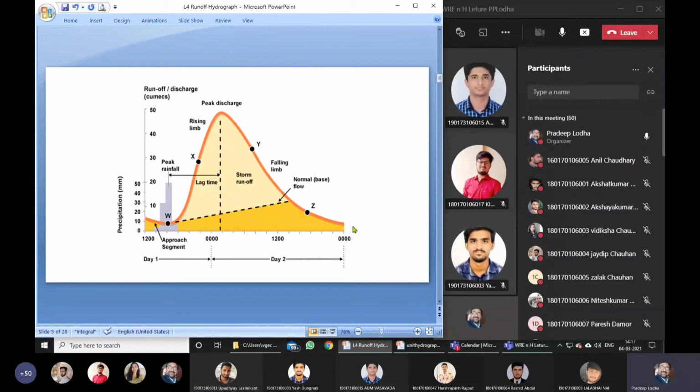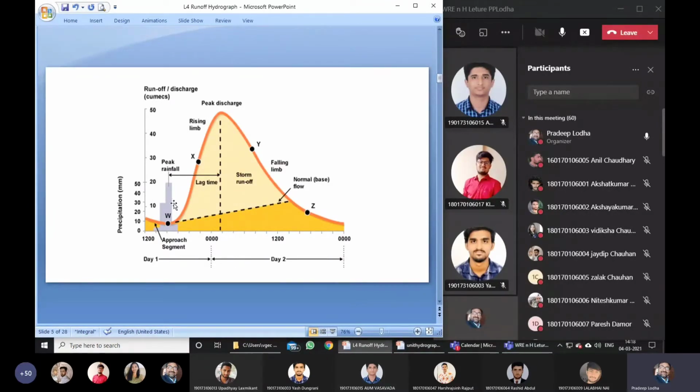Now let us understand the concept of how the hydrograph gets converted into this kind of peak, then recession, and first the rising. What happens when there is a rainfall event like this at a particular time? There is not a sudden surge in the flow in the channel.